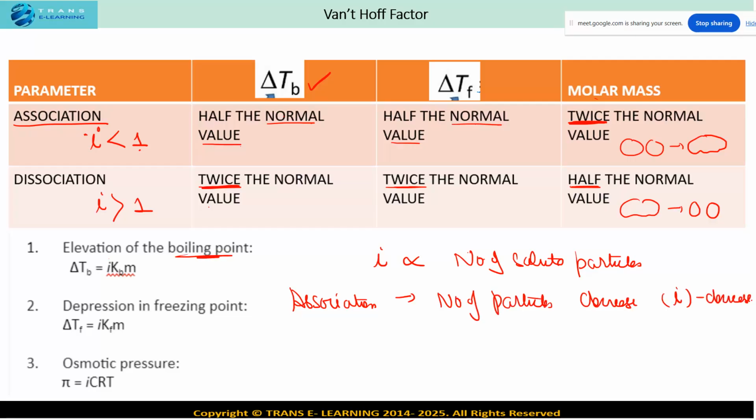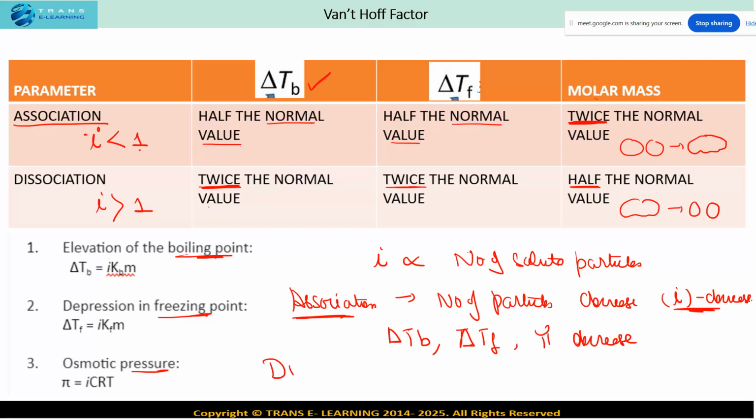Elevation in the boiling point, the depression in the freezing point, and the osmotic pressure are all colligative properties, so they depend upon the number of particles formed in the solution. So in the association, as the Van't Hoff factor decreases, the elevation in the boiling point, the depression in the freezing point, as well as the osmotic pressure will decrease.